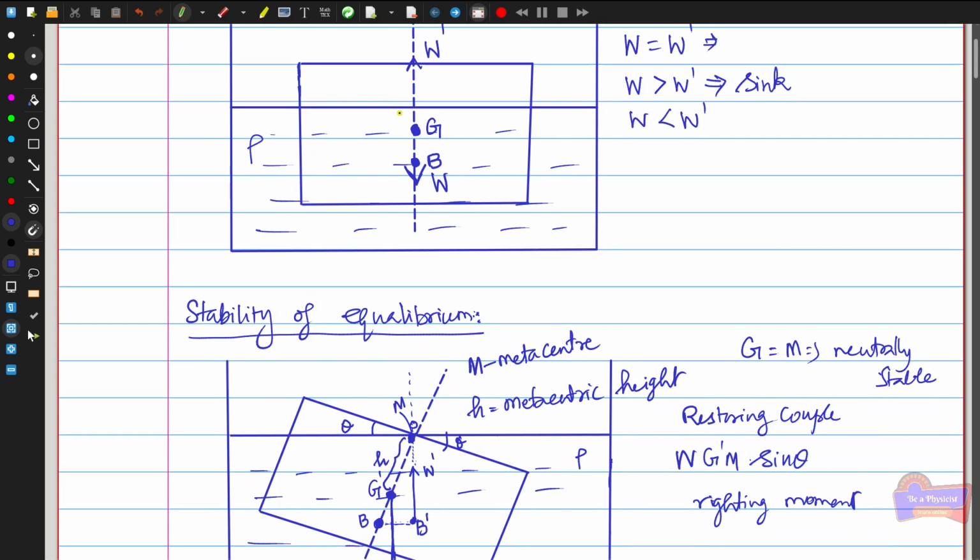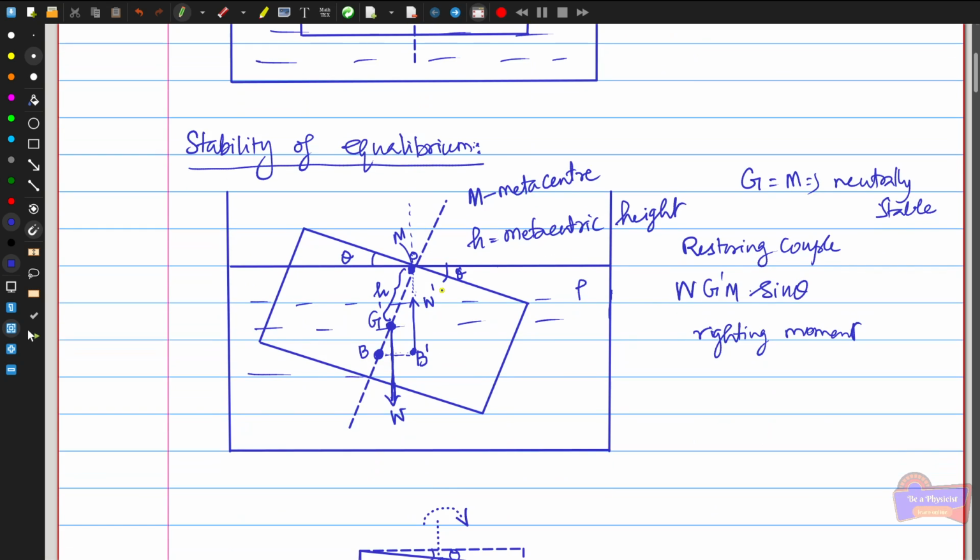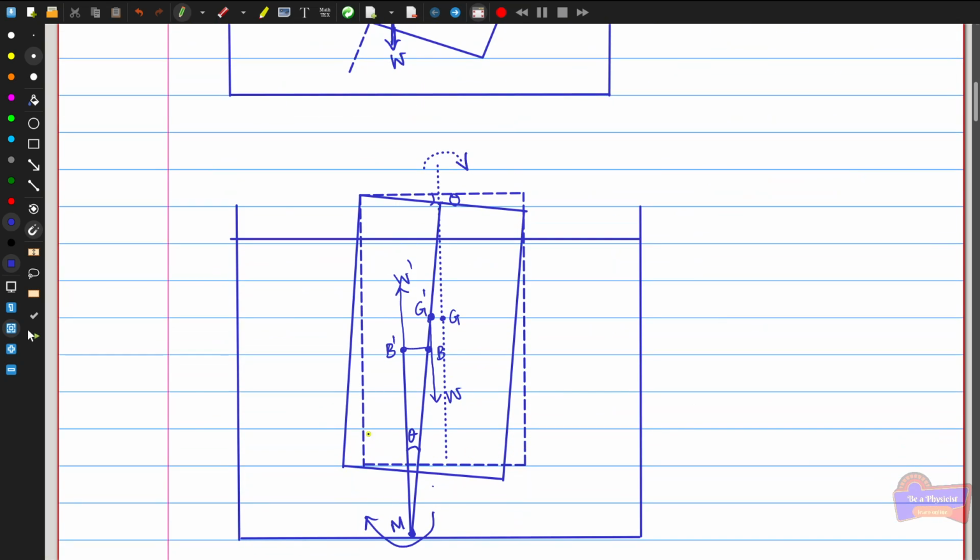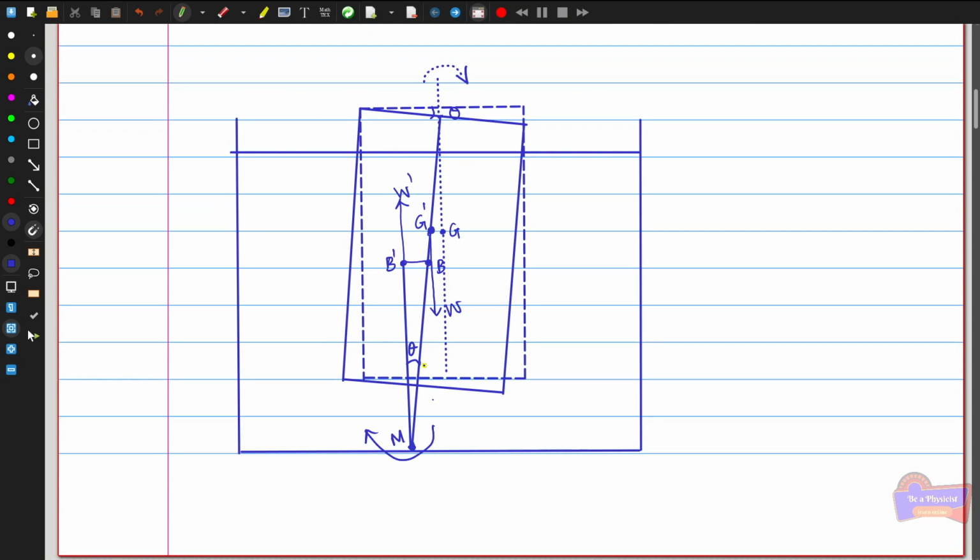So when the metacentric point lies below the center of gravity, if you give a perturbation, the object is in an unstable equilibrium point.